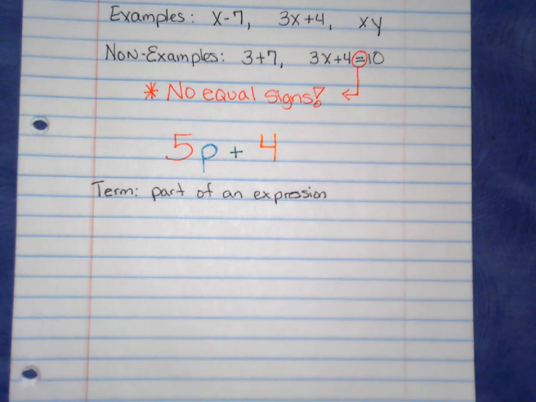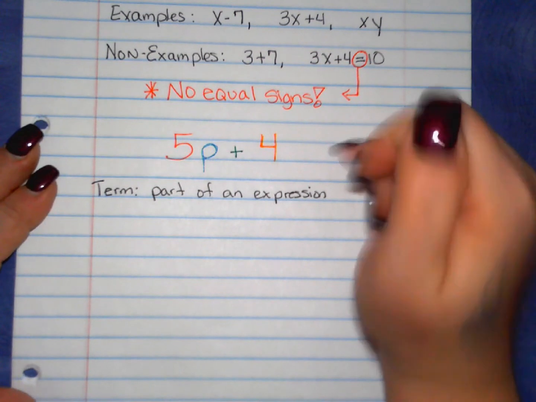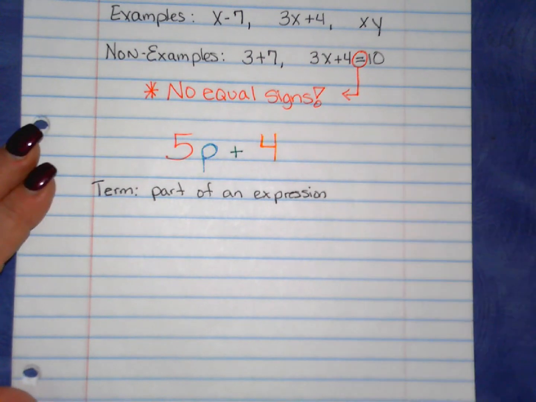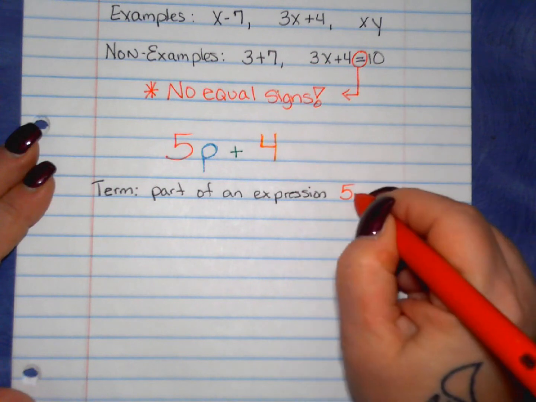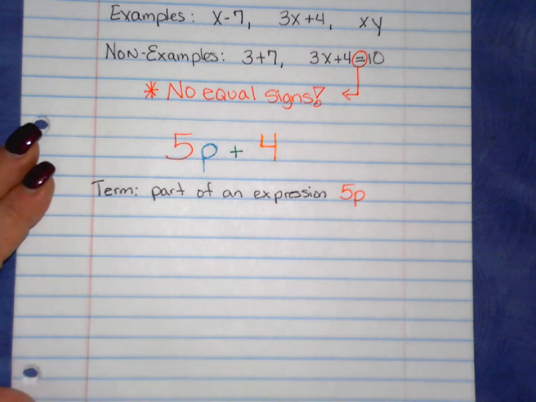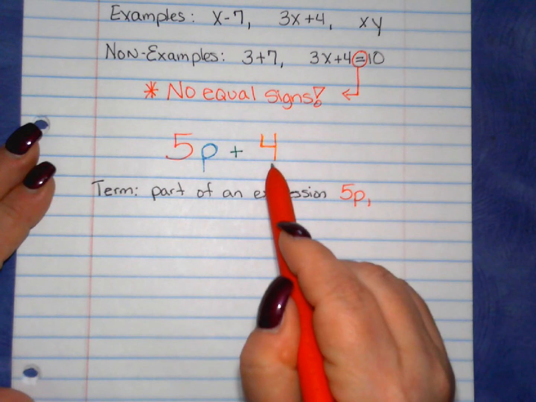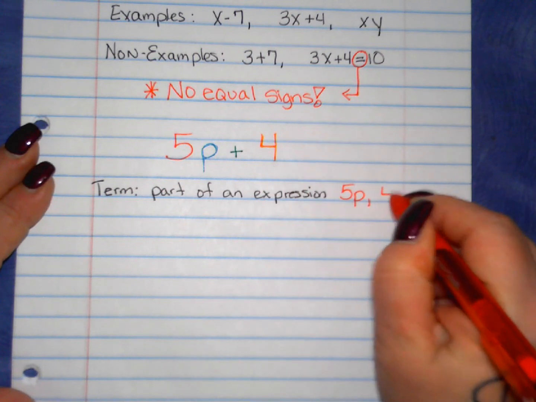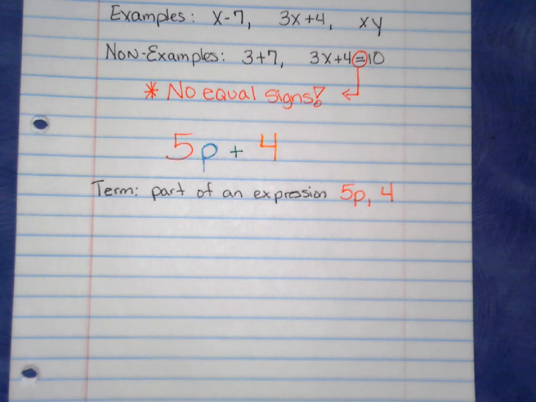Okay, so the parts of this expression that are considered terms are 5P. That is one term. And then also 4 is a term. Notice that my addition sign is not a term. Okay?